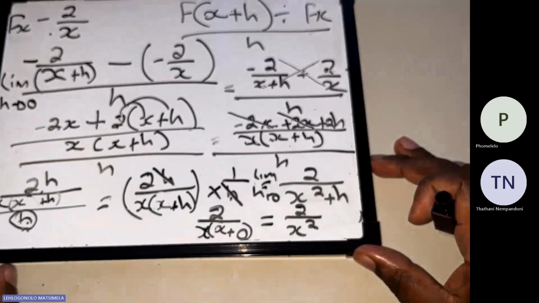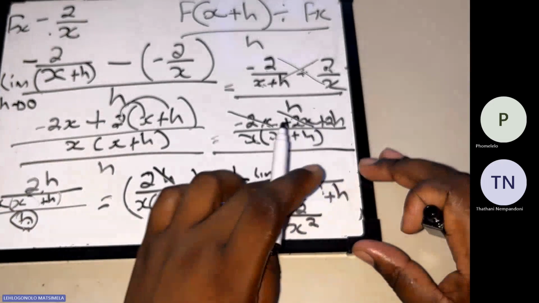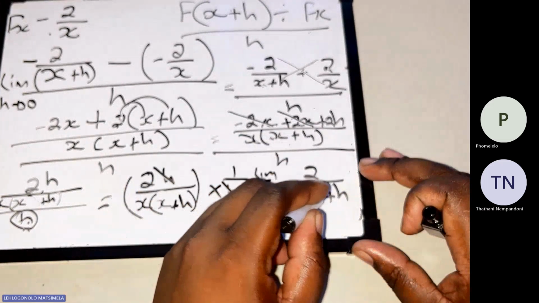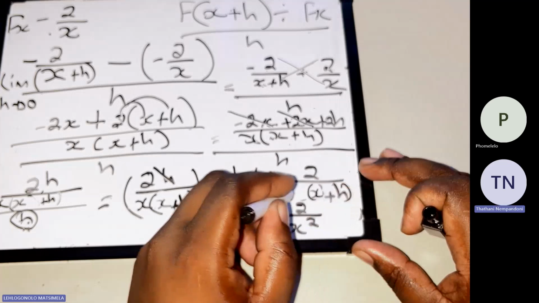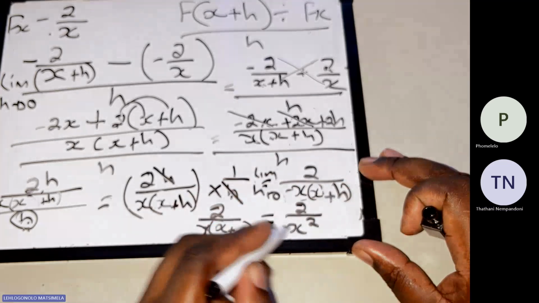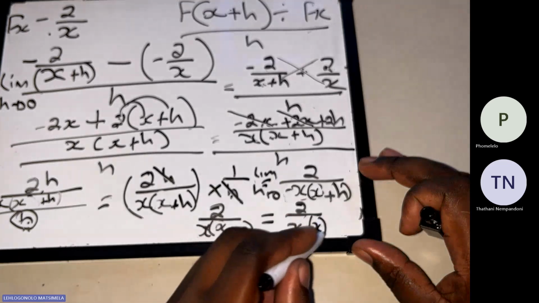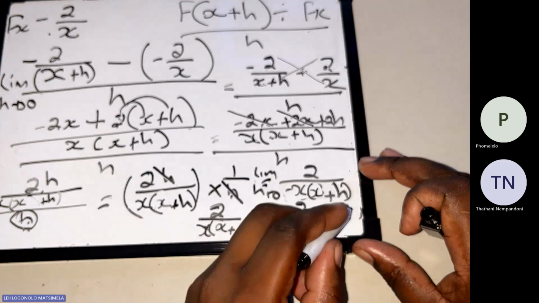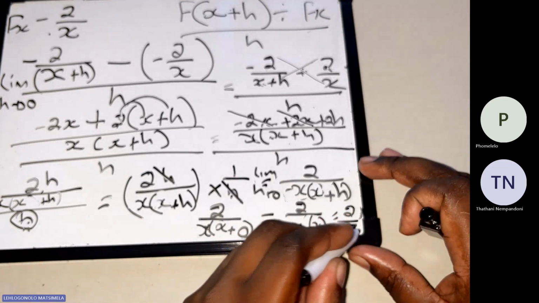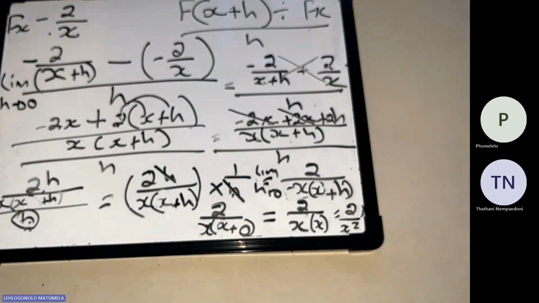Yeah, I wasn't aware of that one. So I wasn't supposed to remove the brackets yet until I get rid of that h. So which means here I will have x times x, which is simply x squared. Yeah, you were right. Thank you for the reminder.